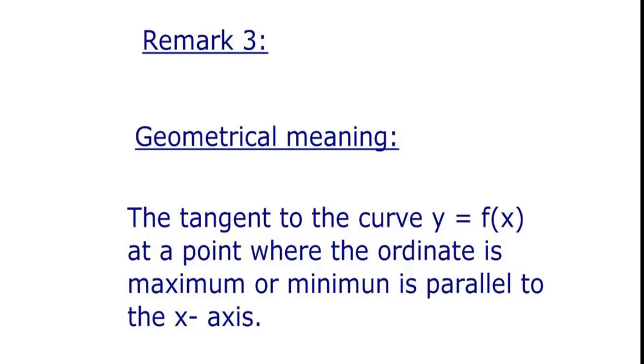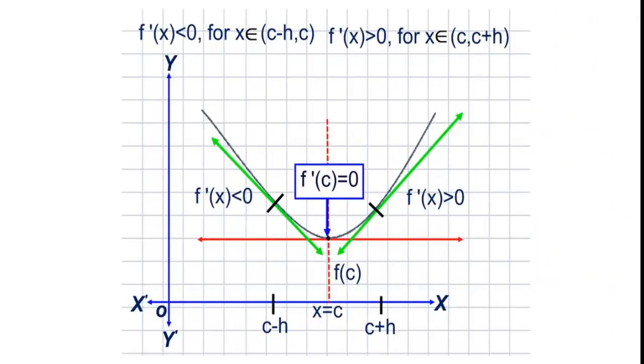And this we have seen in the previous figures. So, if we see here, the tangent at x equal to c is parallel to the x-axis. Hence, we have discussed the behavior of f dash x at the points of local maxima and local minima.